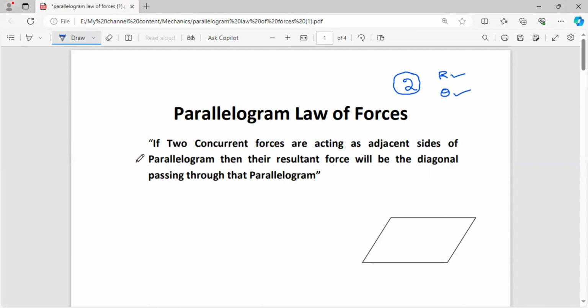First of all, let us go for the statement of the parallelogram law of forces.